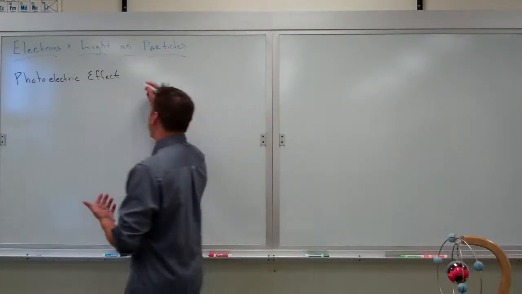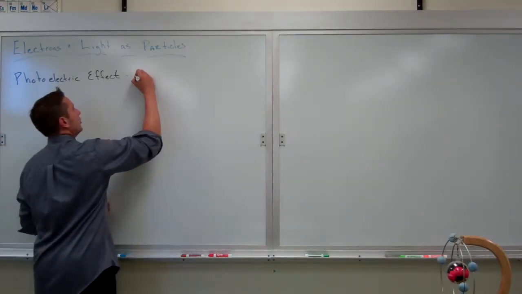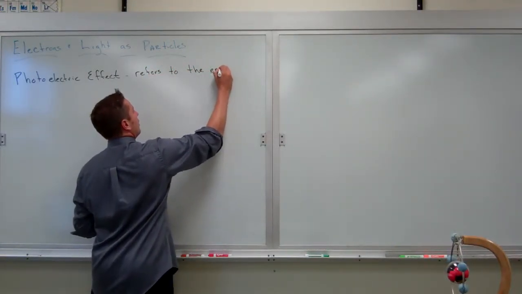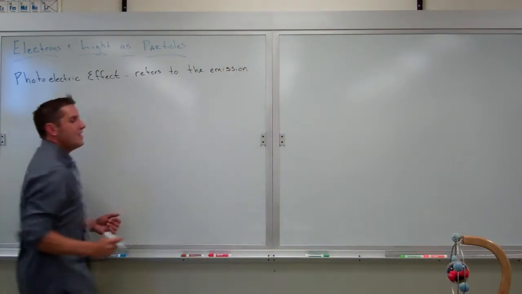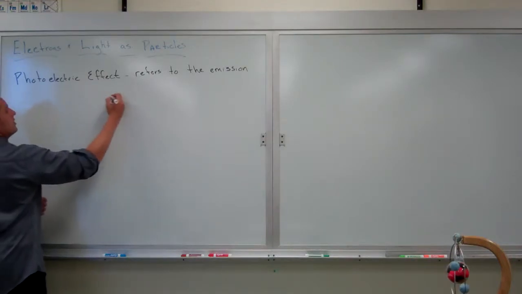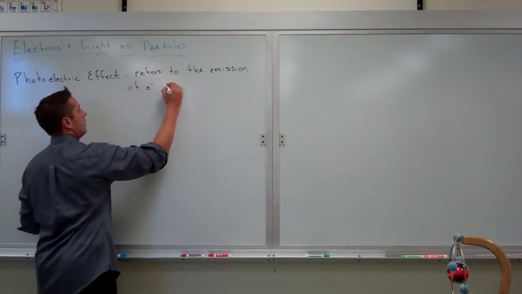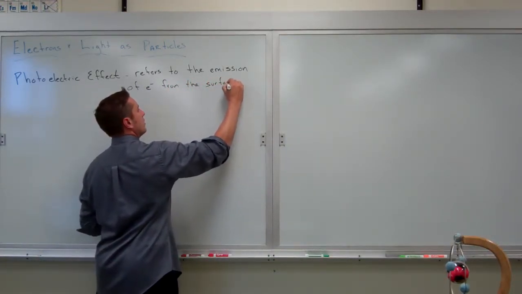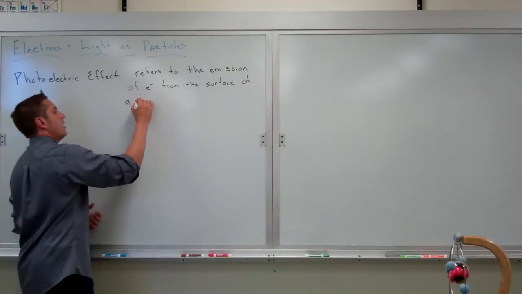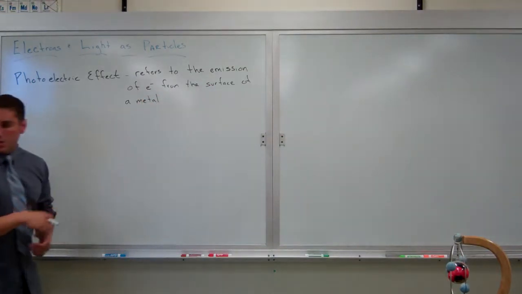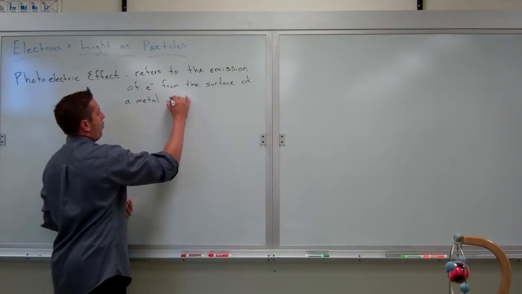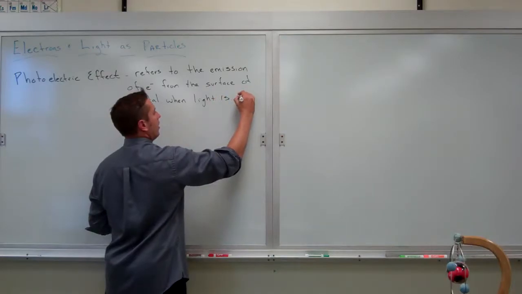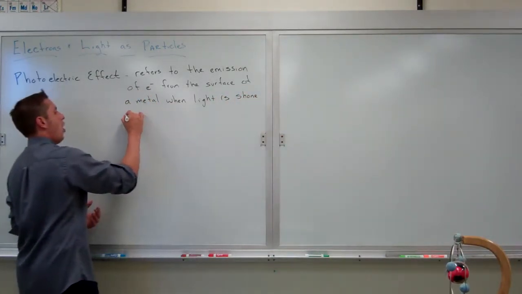But the photoelectric effect refers to the emission of electrons from the surface of a metal when light is shown on the metal.